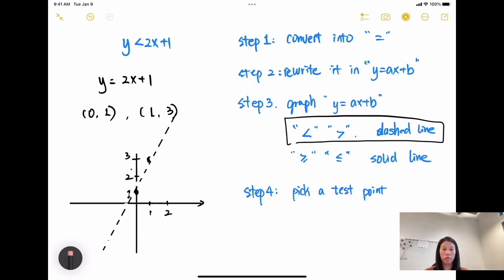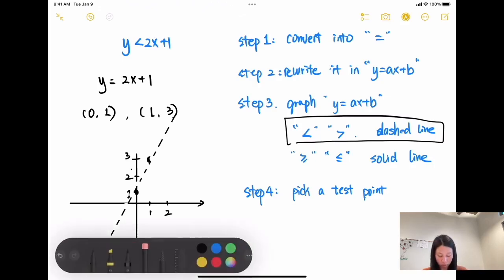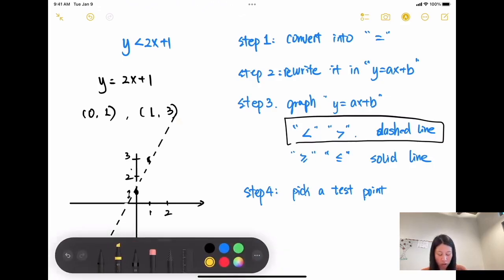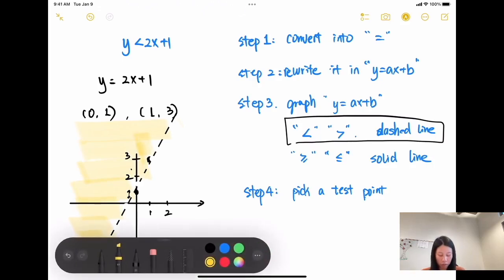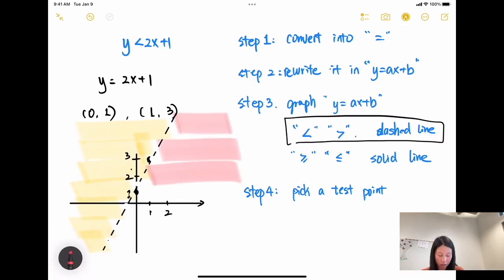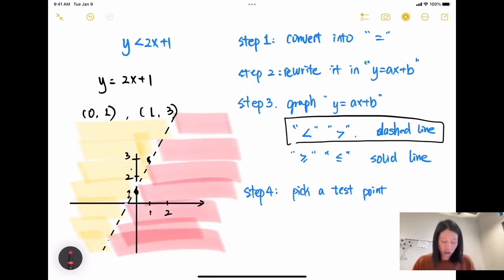Like that. Okay, so what does it mean to pick a test point? Do you notice that this dashed line splits the coordinate plane into two parts, the left part and the right part? So I'm going to use a yellow color to show this is the left part, and then the right part is red. To pick a test point, you can pick a point in either of these regions.